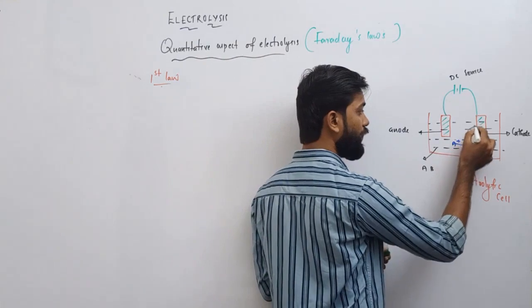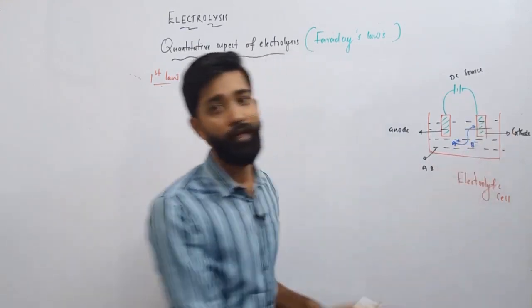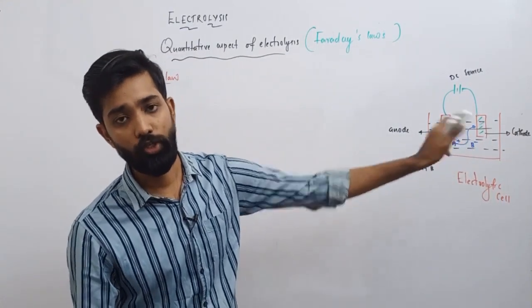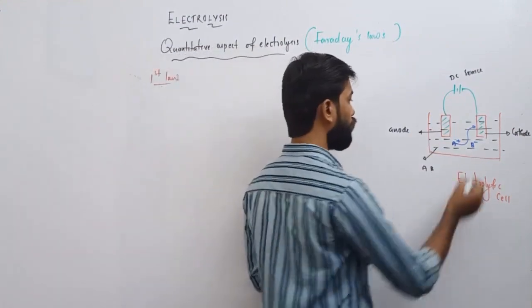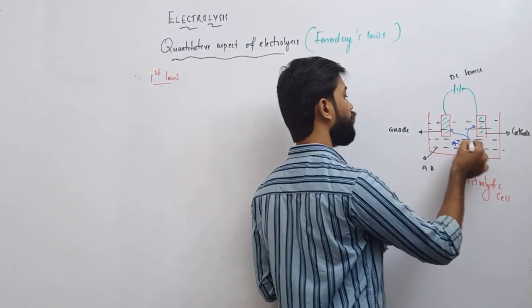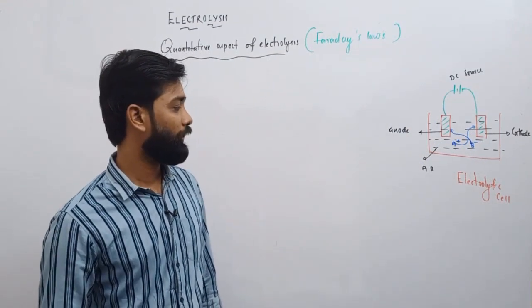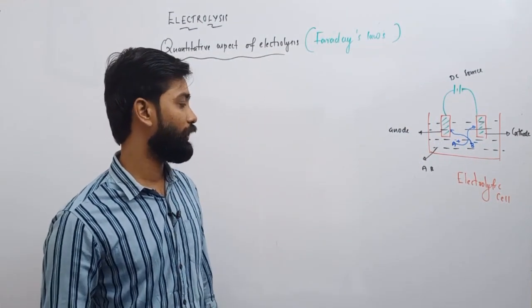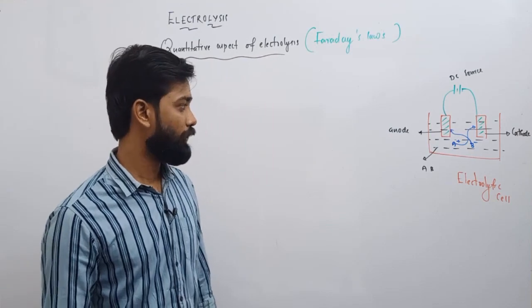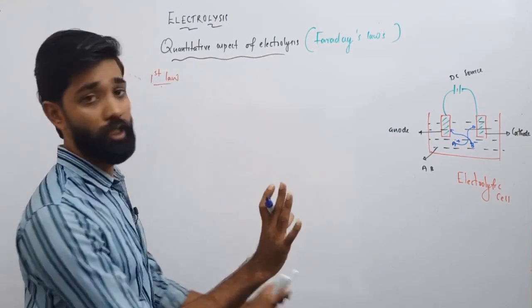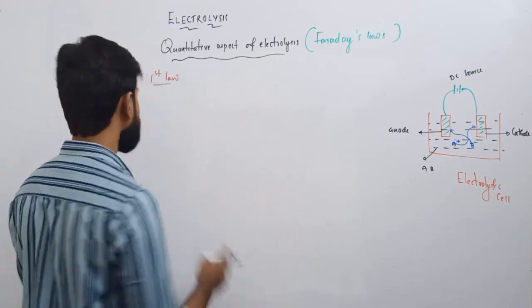A plus, which is the cation, undergoes reduction and is attracted to the cathode, and B minus, which undergoes oxidation, is attracted to the anode. And this is a simple setup of your electrolytic cell.